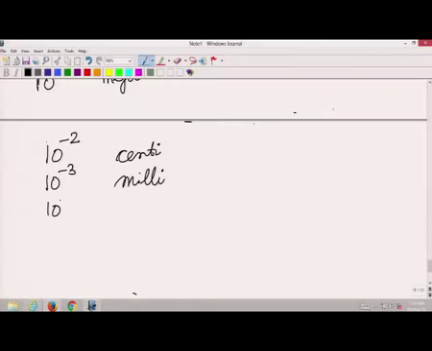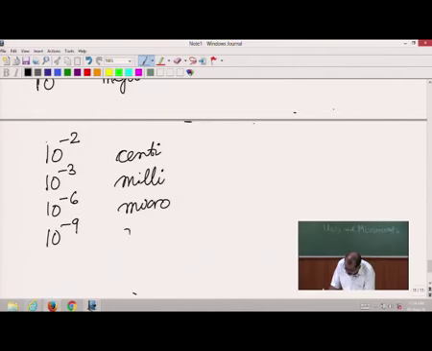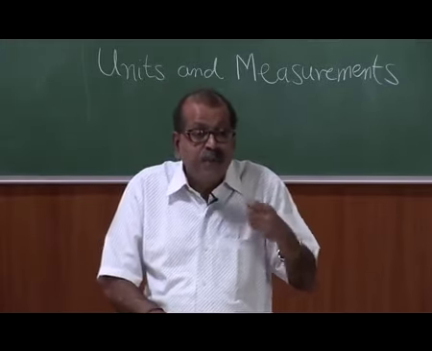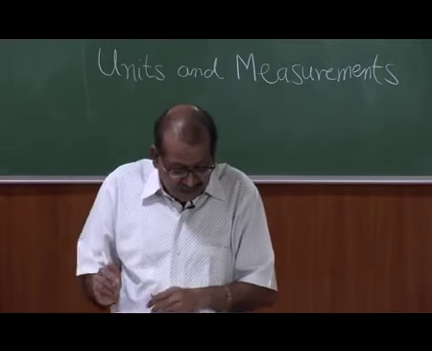If we further divide, further make it smaller, a prefix of 10 to the power of minus 6 is called micro. A prefix of 10 to the power of minus 9 is called nano. A very common term today in physics, we talk of nanophysics, which means we are talking of particles, or the length ranges in nanophysics would be of the order of 10 to the power of minus 9 meters.